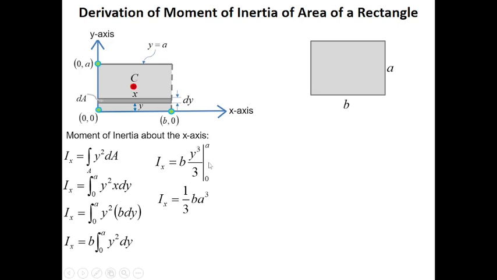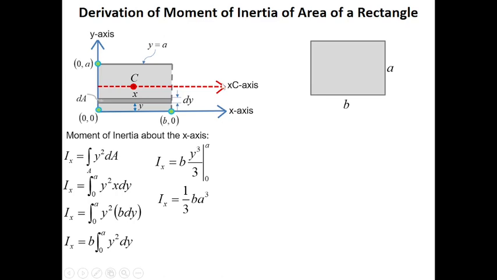So, next we have, this is the centroid of this area. So, yan ang centroid ng area. Considering the centroid of the area, ito ngayon yung axis na tatawagin nating xc-axis. Yung xc-axis na yan, yun yung axis na nagpa-pass through sa centroid ng area at the same time parallel sa x-axis.